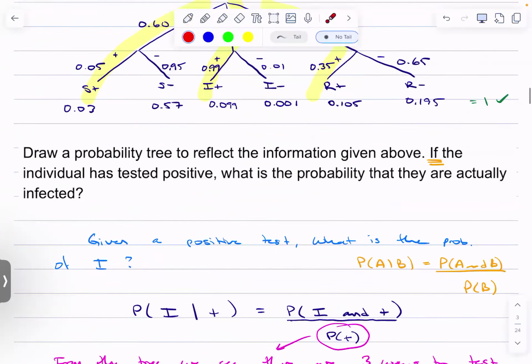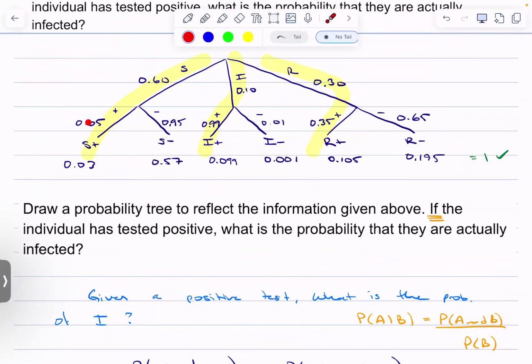That's because this probability on these branches is the probability of a positive result given S. So knowing that they're susceptible, it's only kind of halfway there. But if you multiply that by the probability of S, you get the probability of S and positive. There.